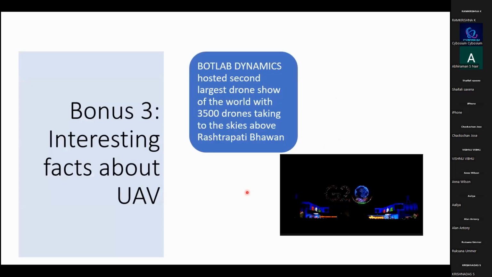So here we are at one more interesting fact about the UAV. I hope you guys have heard about Botlab Dynamics. So I think it is a startup from IIT Delhi. It has hosted the second largest drone show of the world with 3,500 drones taking to the skies above Rashtrapati Bhavan during the G20 summit. And you can actually see the symbol is made up of 3,500 drones.